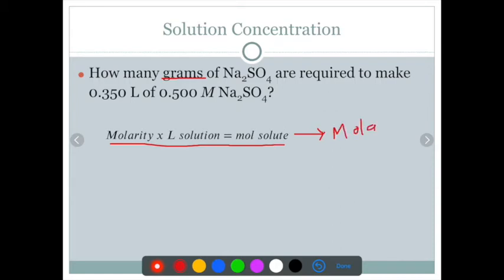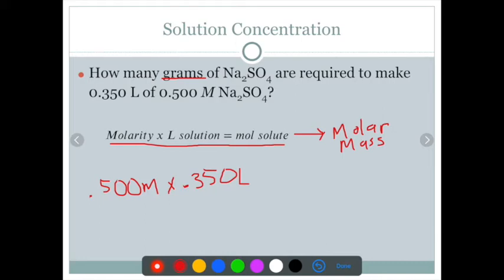So molar mass, and then that will get us to grams. Okay, so we'll start with multiplying our concentration, which is 0.5 molarity times 0.35. So we have to make sure our volume is in liters, because if it was in milliliters, it would not cancel out here.